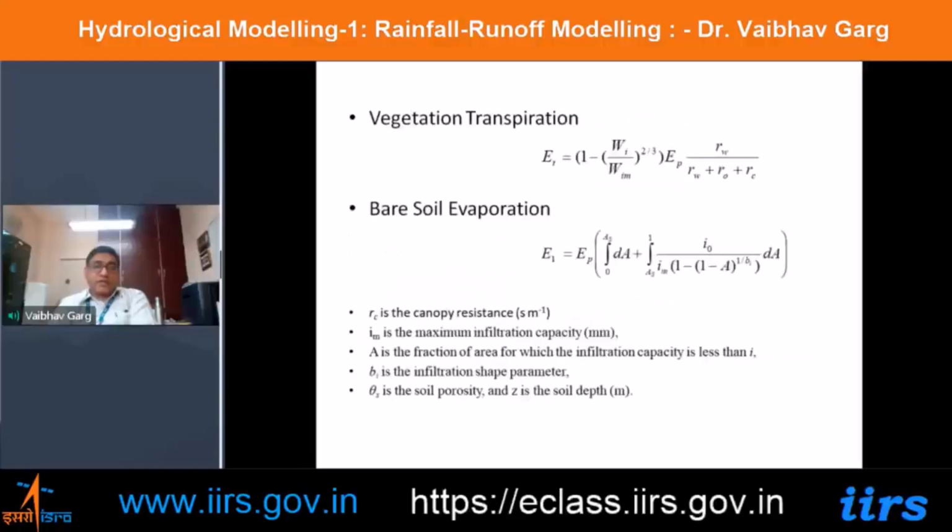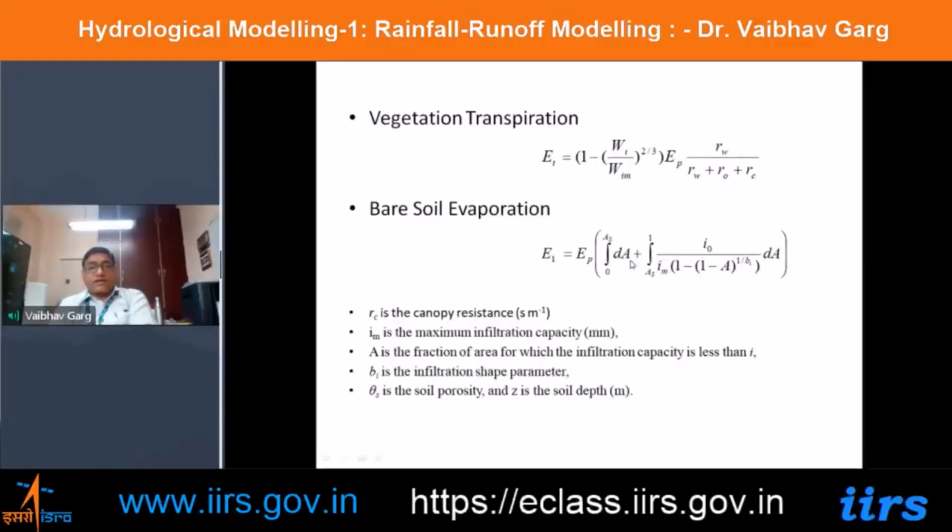evaporation from the canopy. Transpiration from the vegetation is calculated again based on how much the leaves can intercept, the evapotranspiration, and the architectural resistance and the aerodynamic resistance. And for bare soil evaporation, that is E1, it is the evapotranspiration and the change in the soil moisture, the infiltration with time.